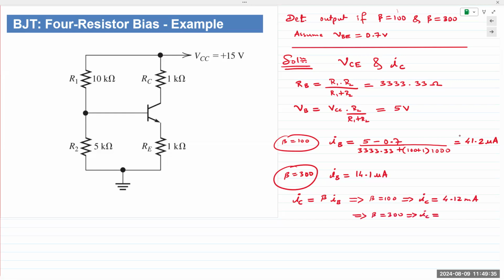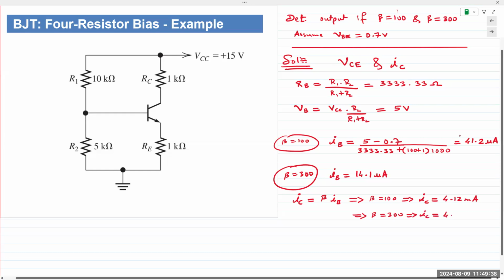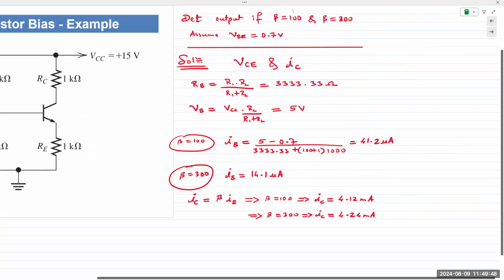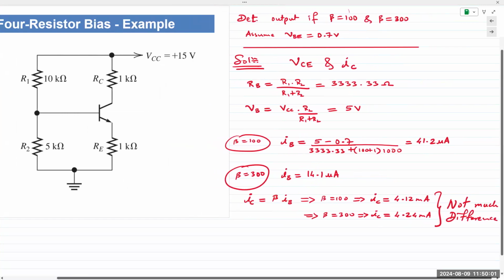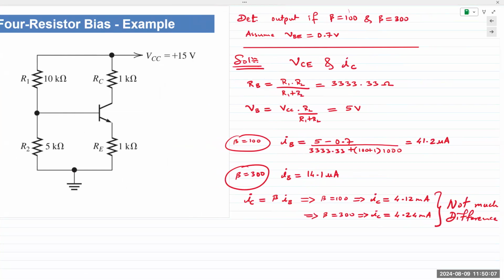So IC is 4.24 milliamps. And this is the main point. There is not much of a difference. Even though the beta is 3 times as much as the first one, the collector current has not changed much.